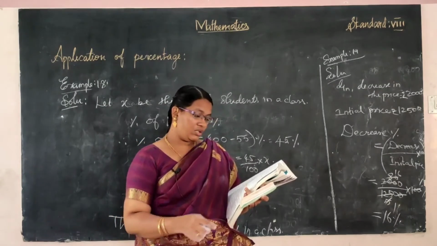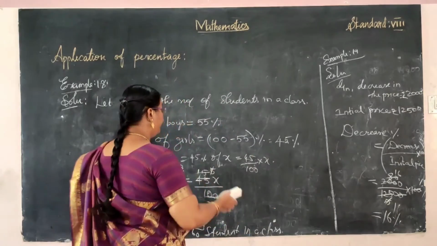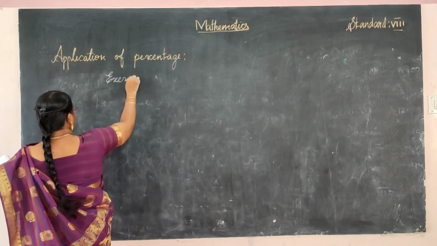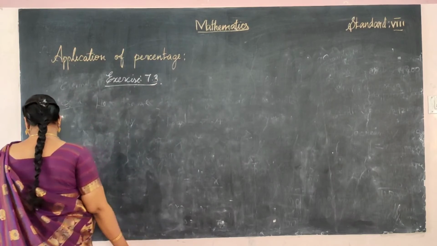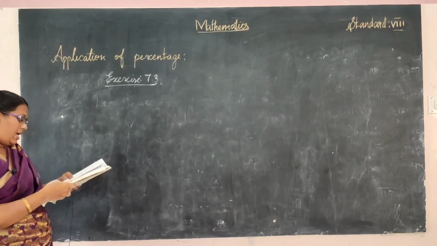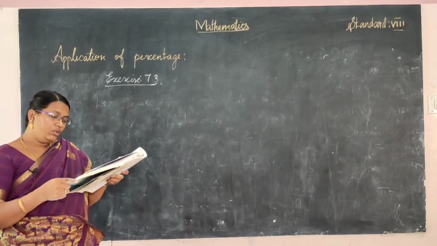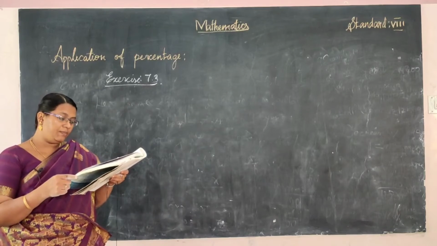Now see the exercise problem 7.3. The price of a certain article was increased from rupees 1250 to rupees 2000. Find the percentage increase in the price.